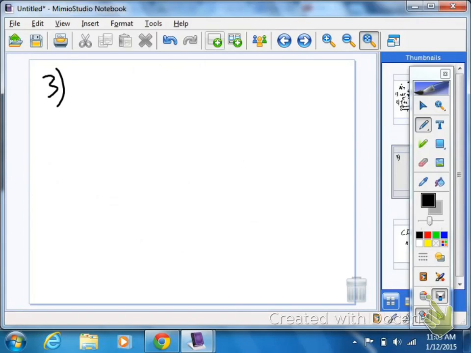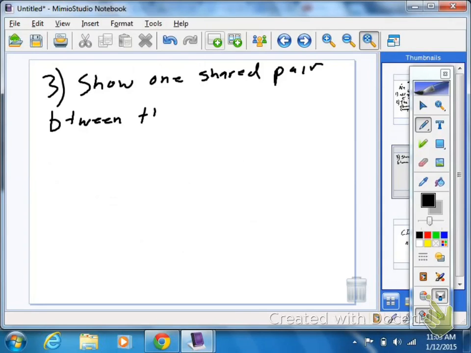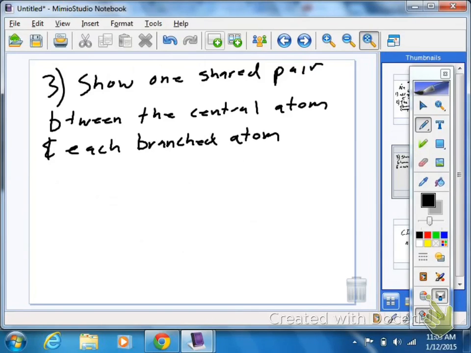For each branched atom, you will show one shared pair between the branched atom and the central atom. Okay?